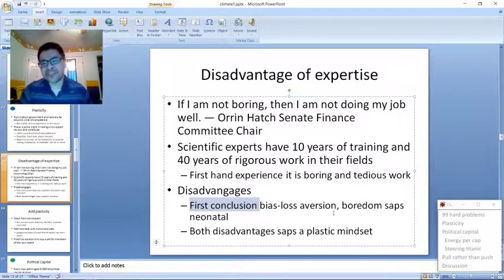And another disadvantage is that all of the boredom saps the neonatal aspect of our minds. So both of these disadvantages prevent a plastic mindset.